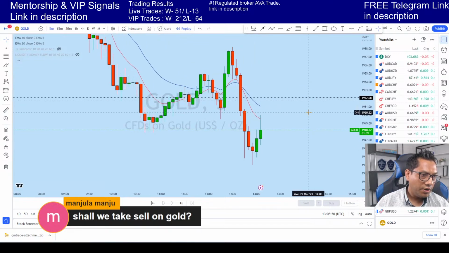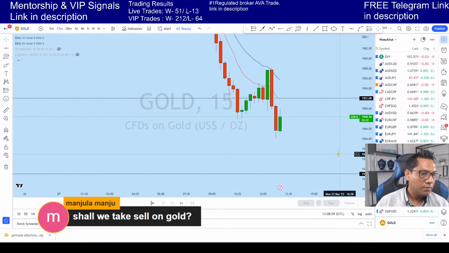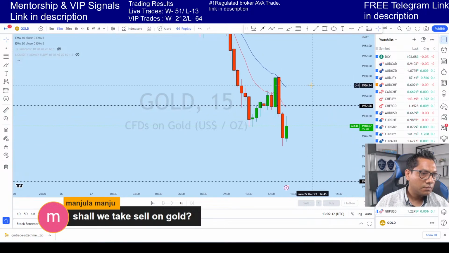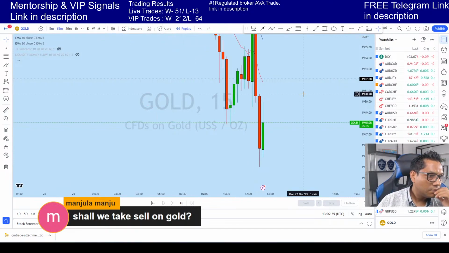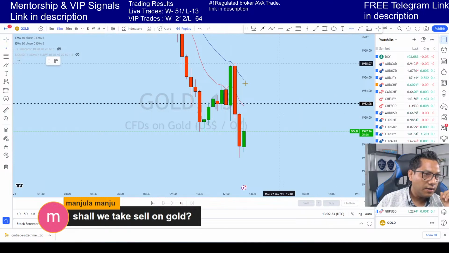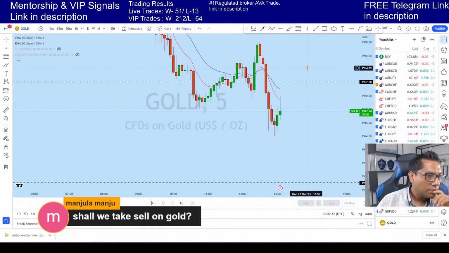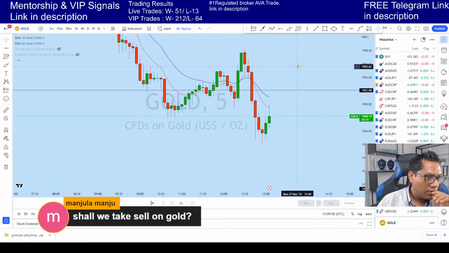I'm trying to find an entry. See from this neckline, when there is a manipulation you'll always find the neckline here. 38.2% Fibonacci level.